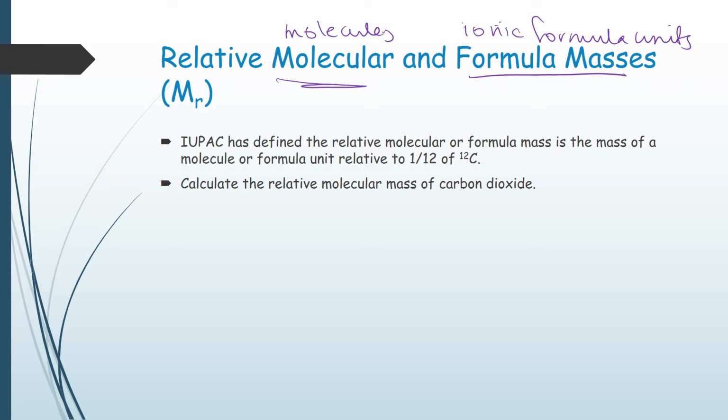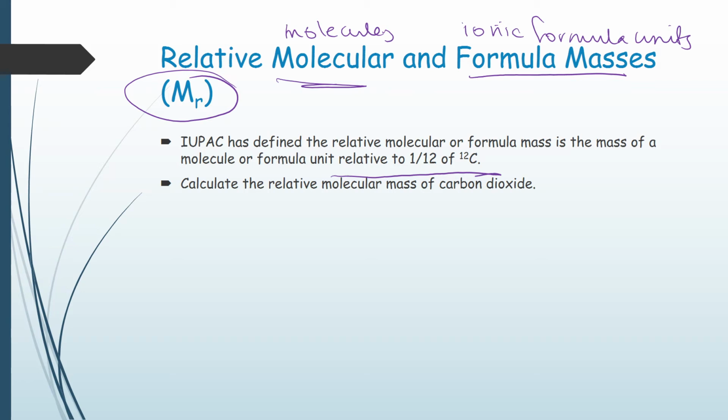So this one has the symbol Mr and it's used for both of them. IUPAC has defined this as the relative molecular or formula mass as the mass of a molecule or formula unit relative to 1/12 of carbon-12 again. And we remember 1/12 of 12 is 1.